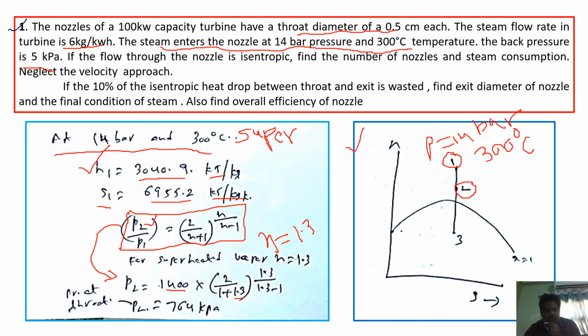So from this equation we get the pressure at throat, that is 764 kilopascal.